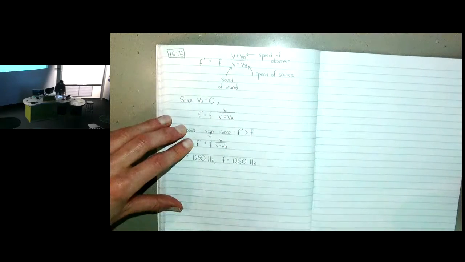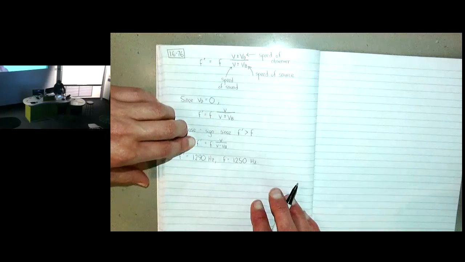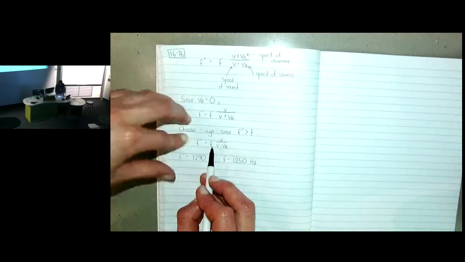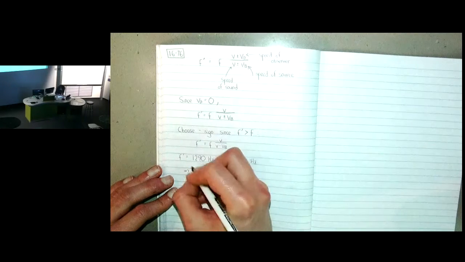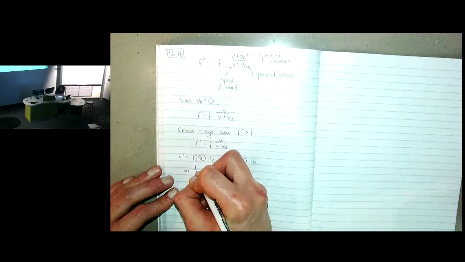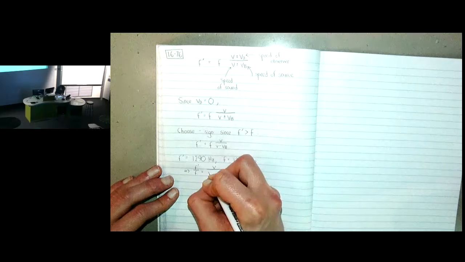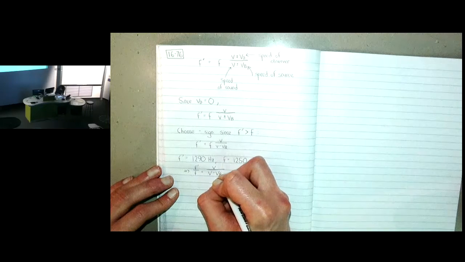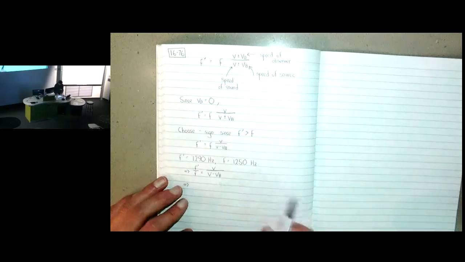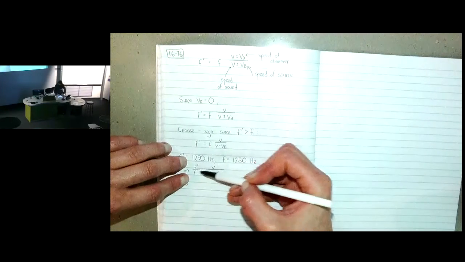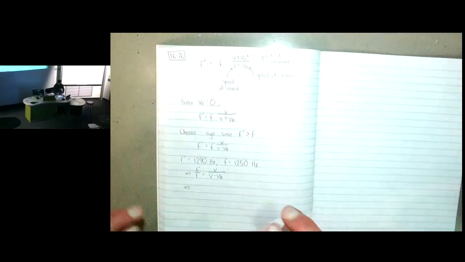So what we're really after here is VB divided by V. To get that, let's first of all divide both sides by f. If we did that, we would end up with perceived frequency divided by actual frequency is just going to be the speed of sound divided by the speed of sound minus VB. And because we just have one fraction equal to another fraction, we can just flip both sides of this.